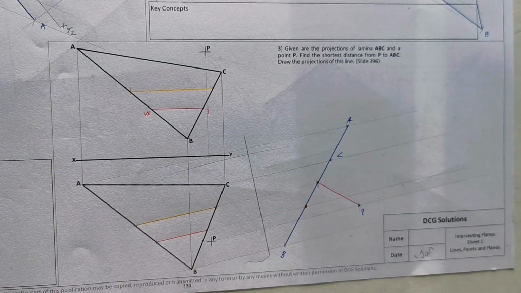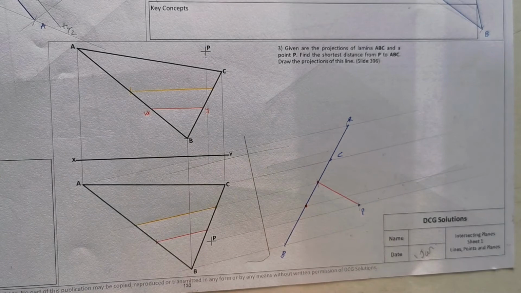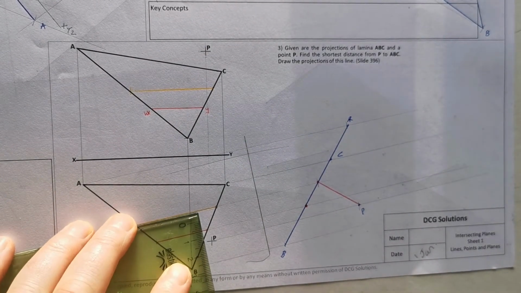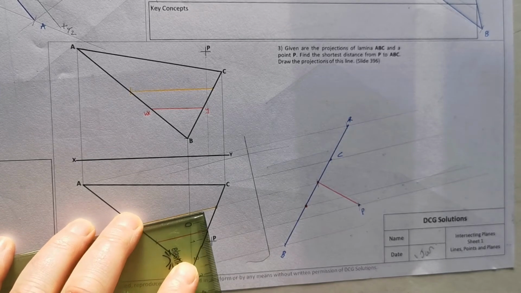So how do you know exactly? Well, I do know that it would be perpendicular to that line, so I could put this set square down along here and go perpendicular to that line.